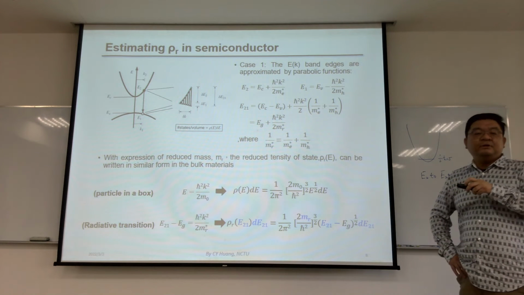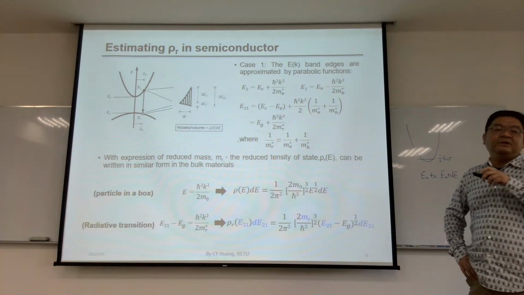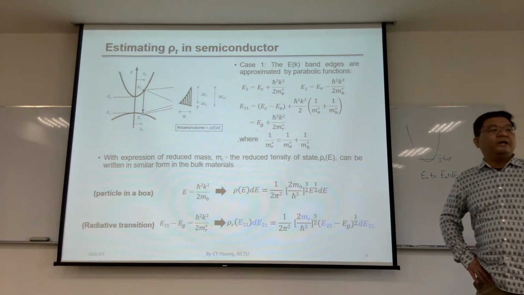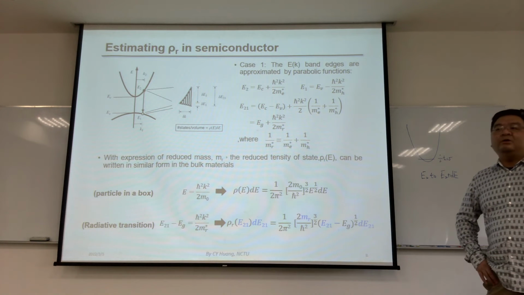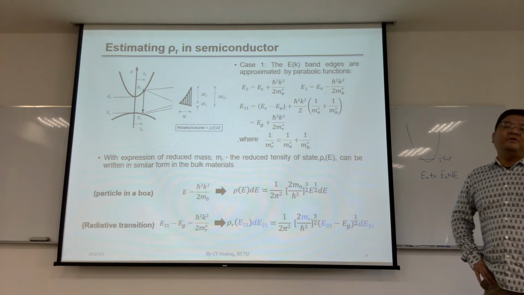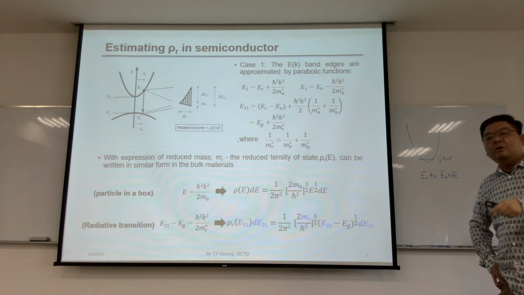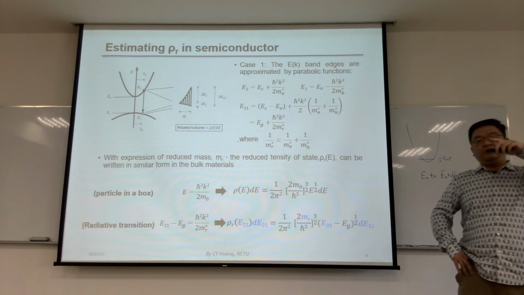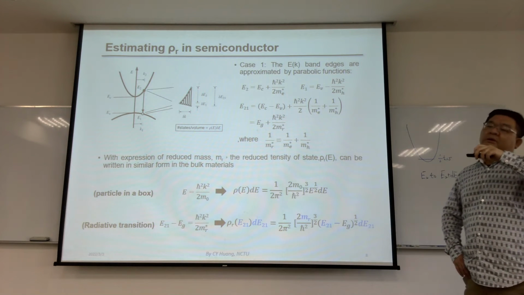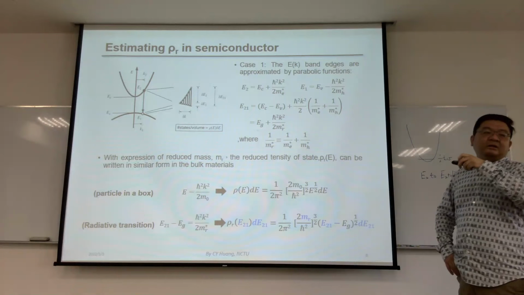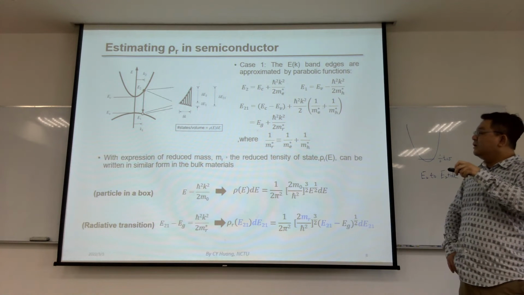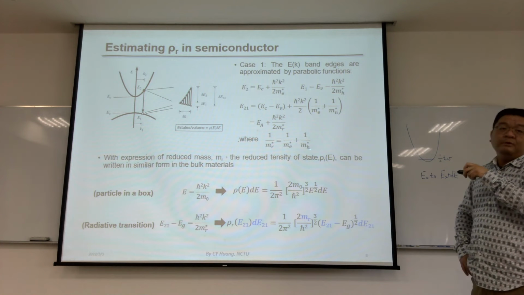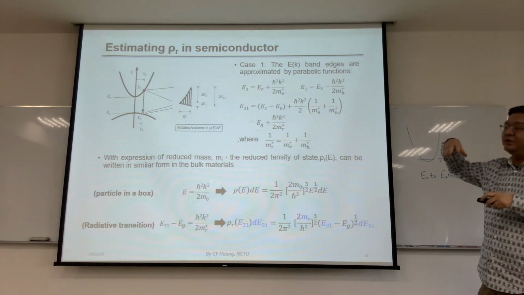This is useful. This number is for the optical transition. While you are doing electrical conduction, we didn't require a reduced mass since you are only concerned with the transport of electron or hole only. But while you are doing the pair transition between electron and hole, it will give you another effective mass, which is defined by the effective mass of the electron and the hole, according to what kind of transition it is.